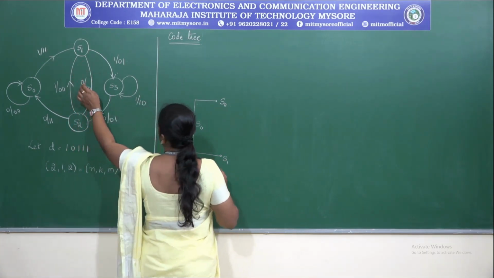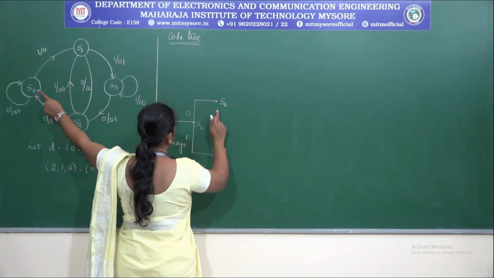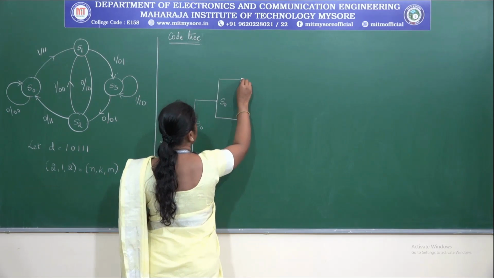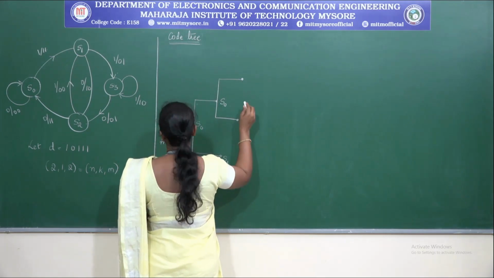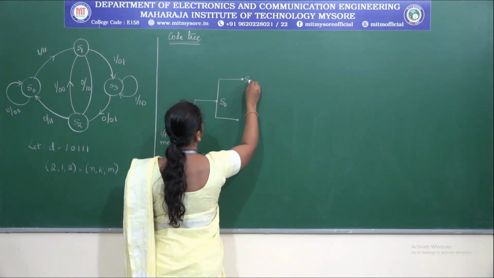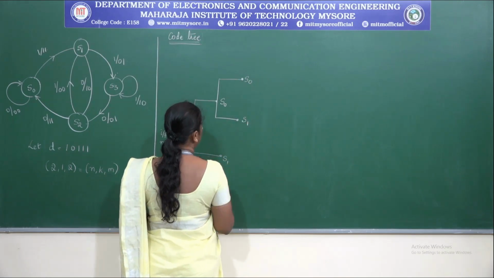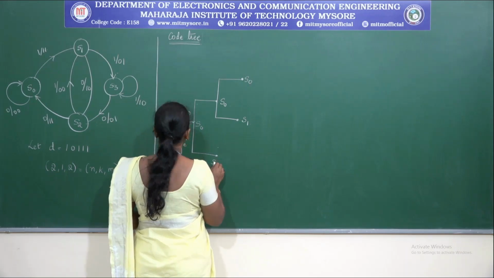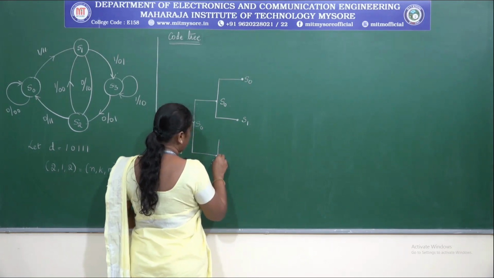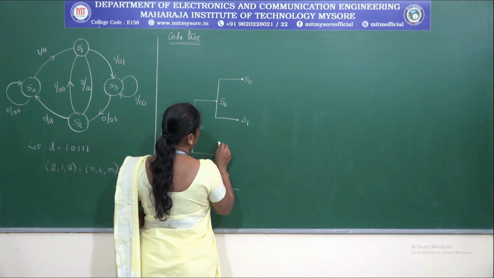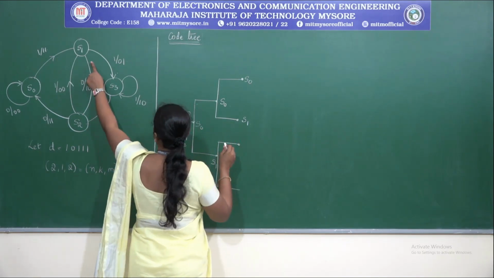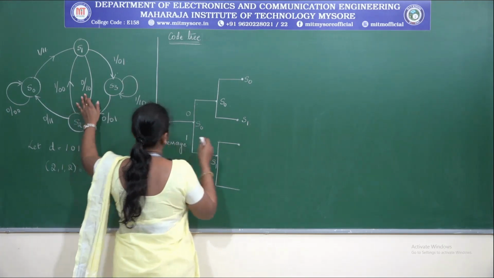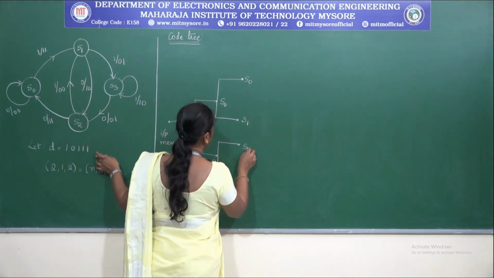Similarly, from S0, once again it is going to make a transition, one with respect to S0 and another one with respect to S1. Now with respect to your S1, we have two branches once again. One is with respect to S1 with input 0, so it is going to make a transition to S2.